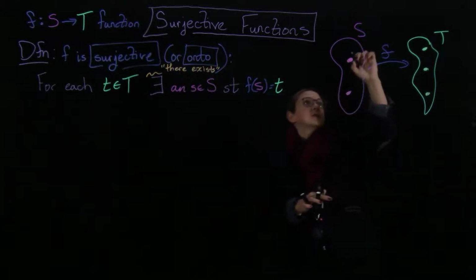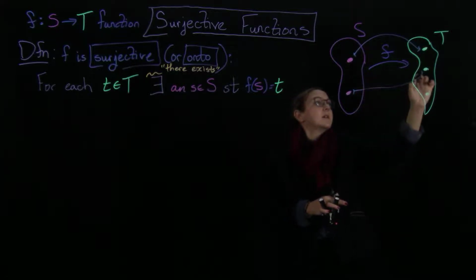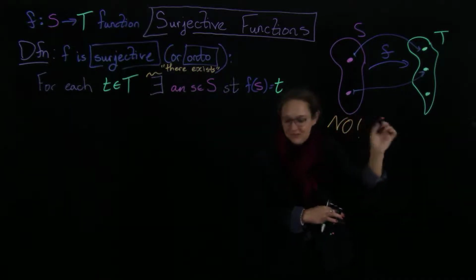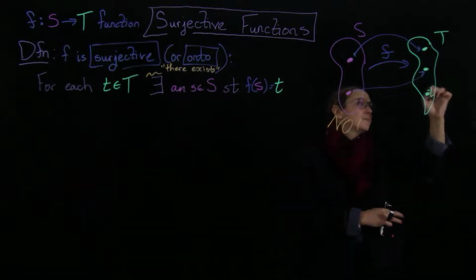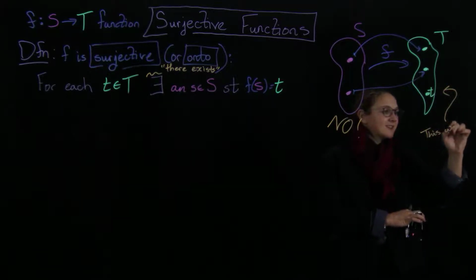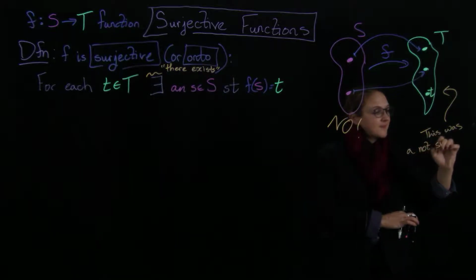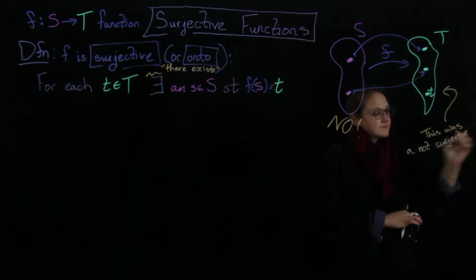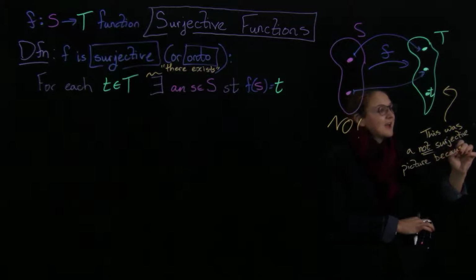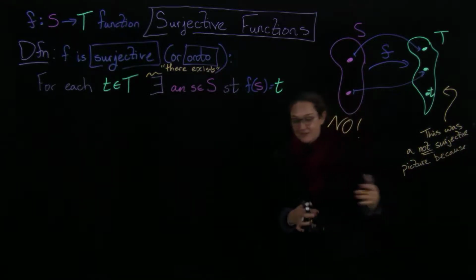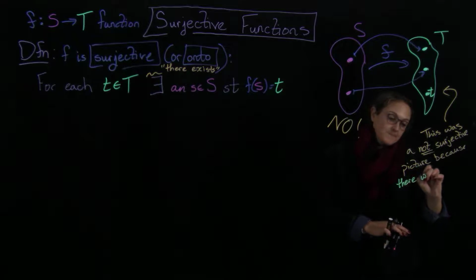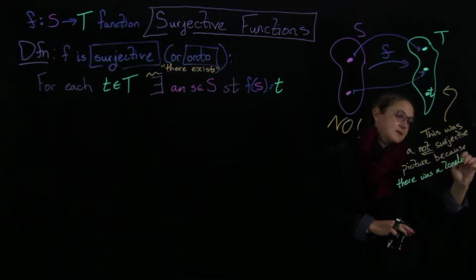Maybe this one goes here, and this one goes here, and then this is a not surjective picture, the no picture, because we had some t that nothing mapped to. There was a lonely t that nothing mapped to.